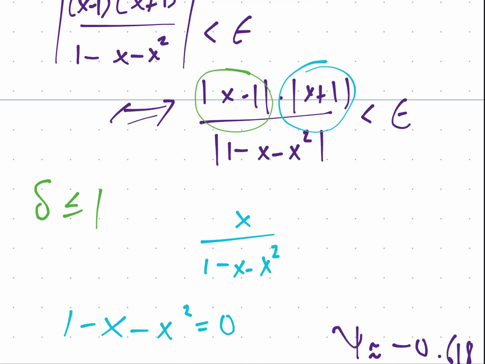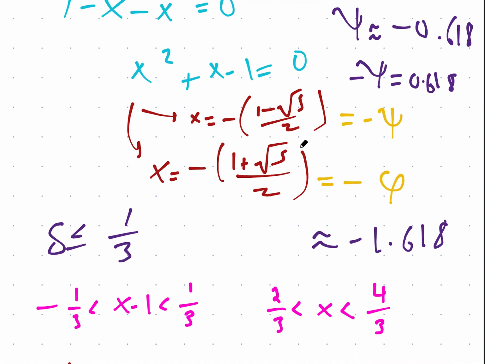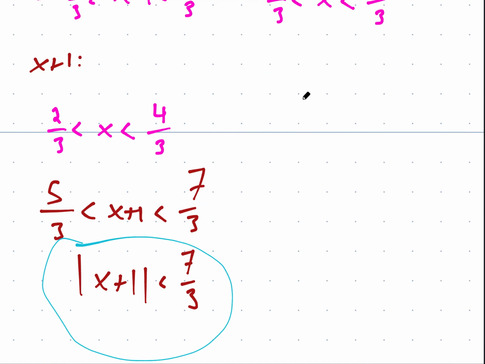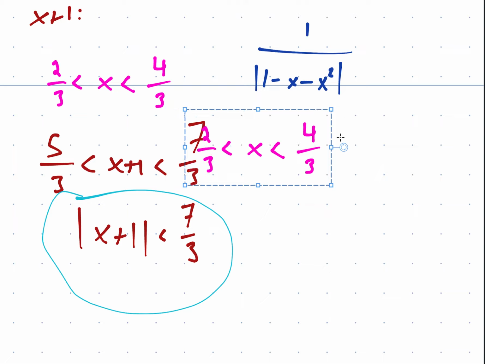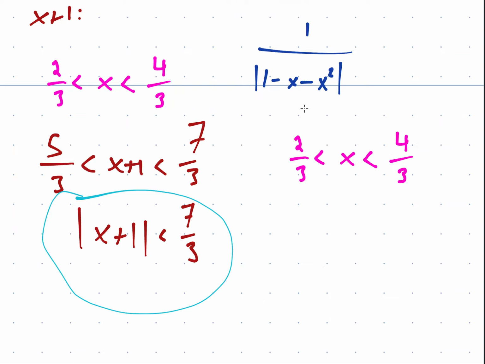Okay, now we're left with the 1 minus x squared. This is tough because this is a square term as well in the denominator, and it's an inverse. So we're looking for 1 over 1 minus x squared in absolute values, don't forget. So what we're going to do is take that same x inequality here, the general x inequality, and do different things to it. So for example, we can square it.